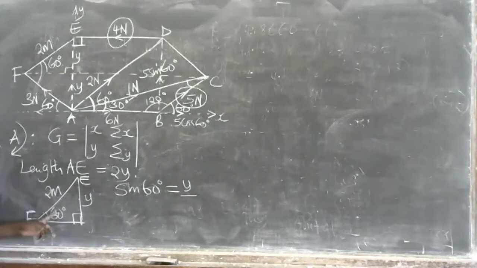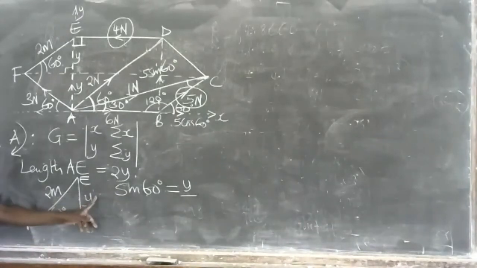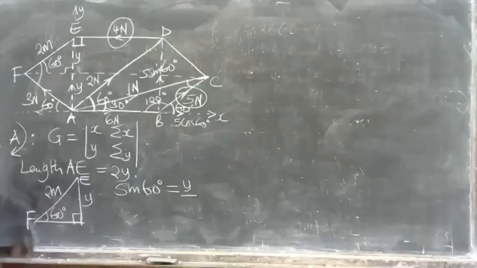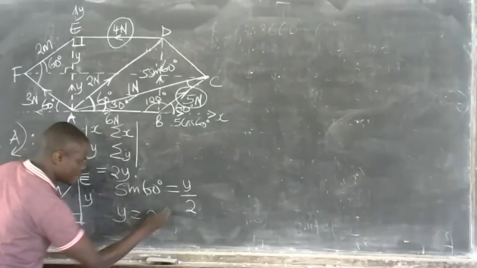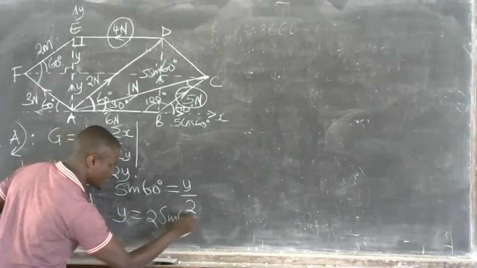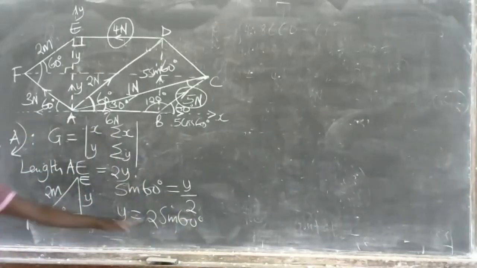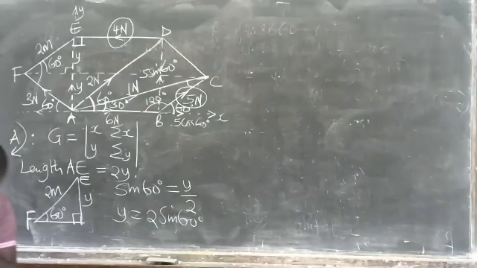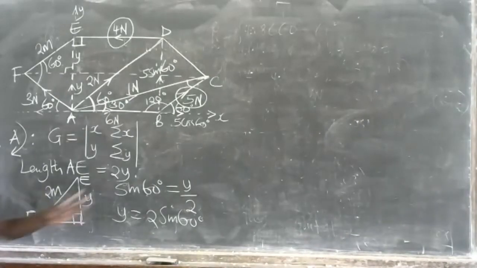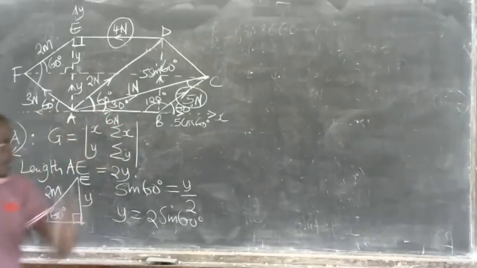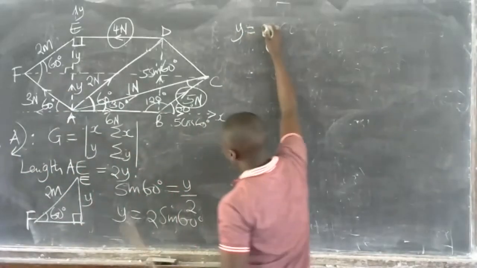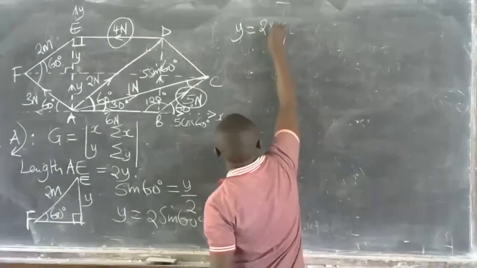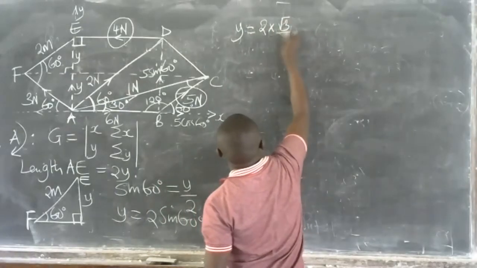So sine 60 degrees is opposite over hypotenuse. The hypotenuse is 2. This will give us y as 2 sine 60 degrees. If you want to give it as a decimal, then it should be to a minimum of 4 dps. Or you can use the special angles. y is 2 sine 60, but sine 60 is √3/2.